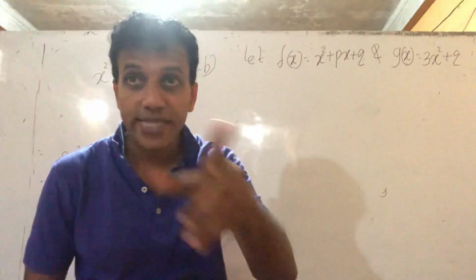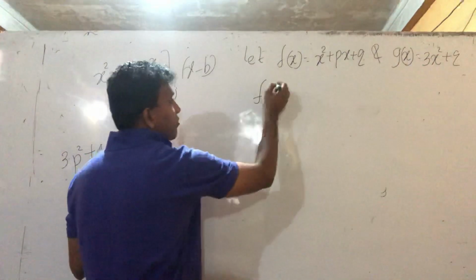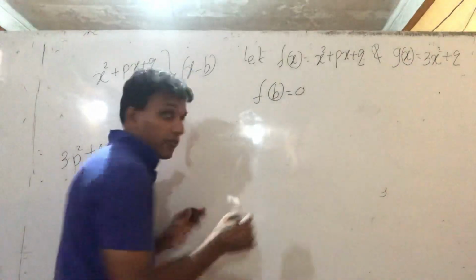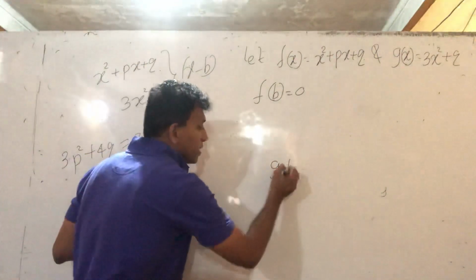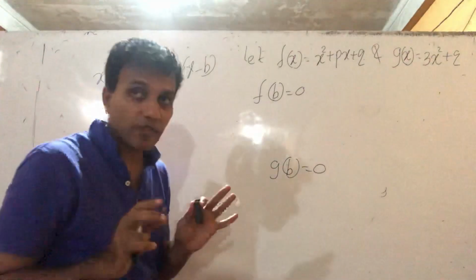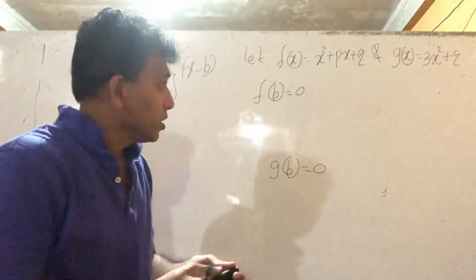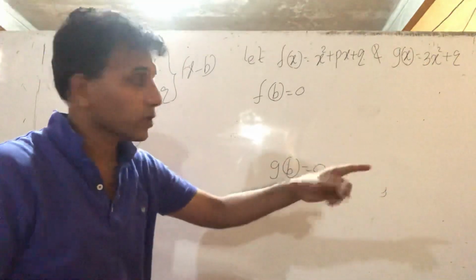Therefore, by the factor theorem, f(b) = 0 and g(b) also equals 0. I am giving a brief solution for your revision later at home. If you have newcomer problems, it's best to refer to my previous video.